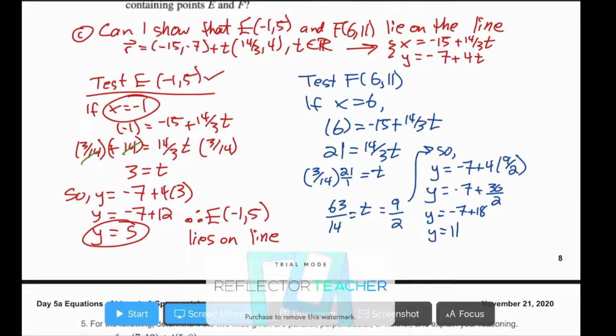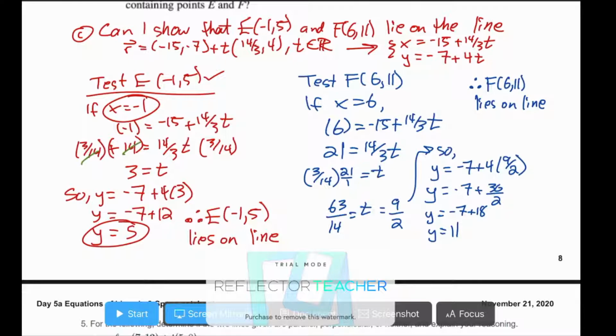So let's just make a little conclusion describing what we just saw here, and then answering the question altogether. So therefore, f(6, 11) lies on the line. And both of these points lie on the line, and both of these points defined our other equations.